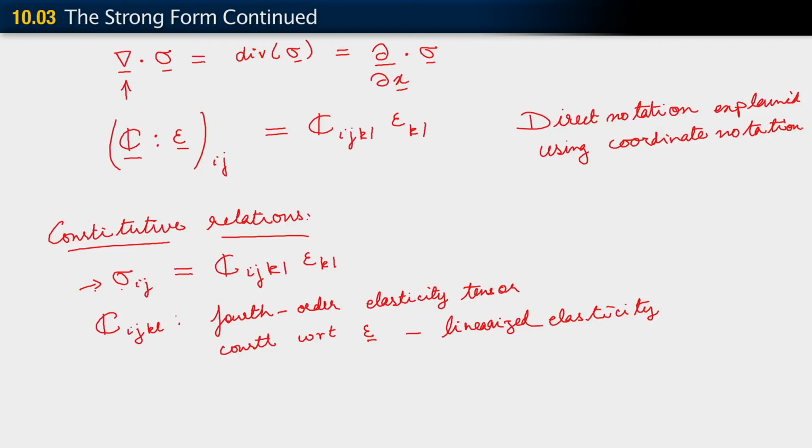I want to say a few more things about the properties of C. C has what we call major symmetry. It's important that we understand these properties because we are going to use them when we develop our formulation.